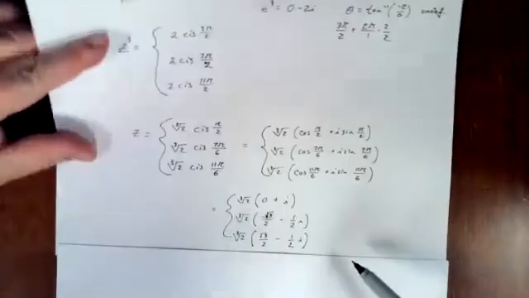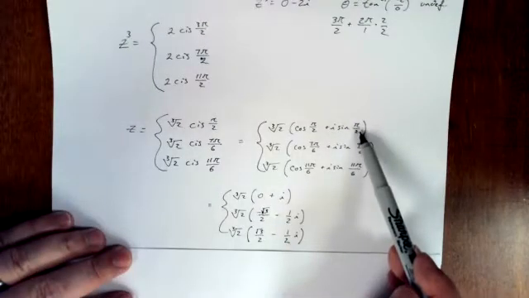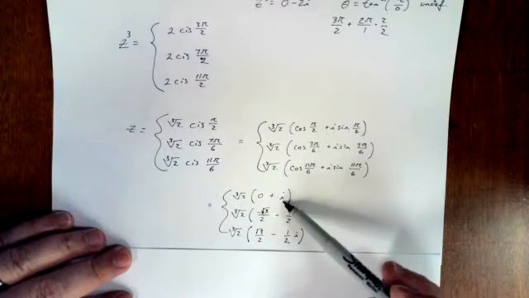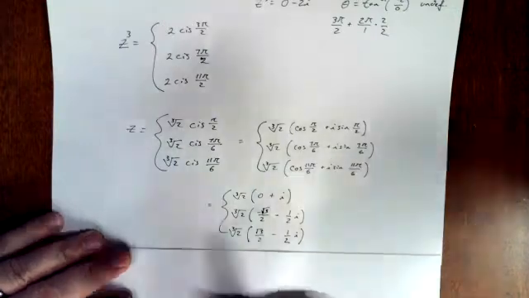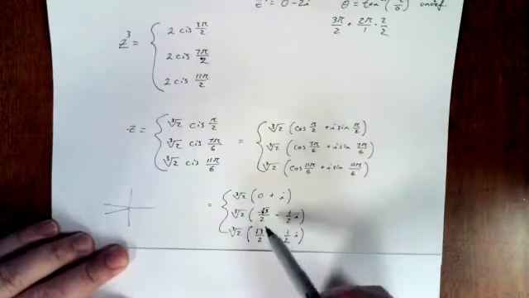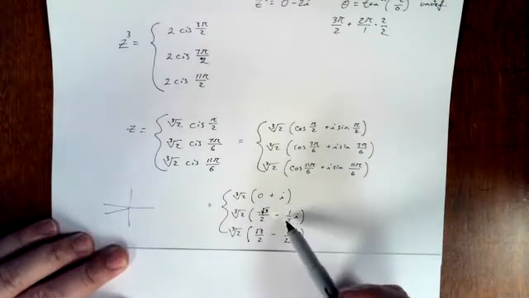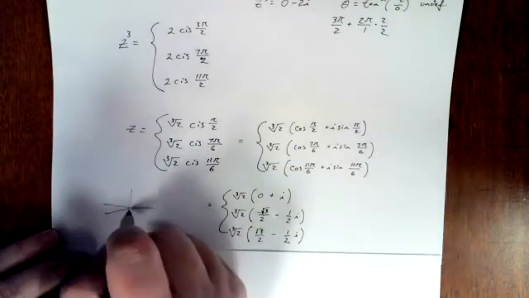And the cosine of pi over 2 is 0. The sine of pi over 2 is 1. Cosine of 7 pi over 6. Okay, so 7 pi over 6 is here. My cosine is a negative square root of 3 over 2, and my y value is a -1/2. 11 pi over 6 is here.